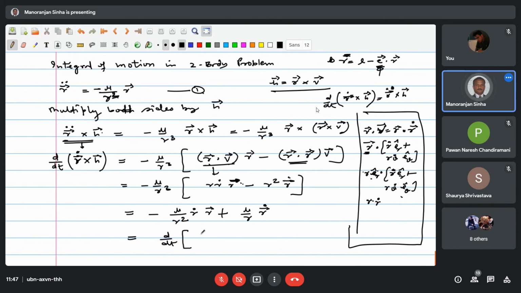d by dt of this can be written as mu by r times r. If you differentiate it, the first term appears as minus mu by r square r dot, and then this r vector appears here. And the other part is mu by r times r dot.